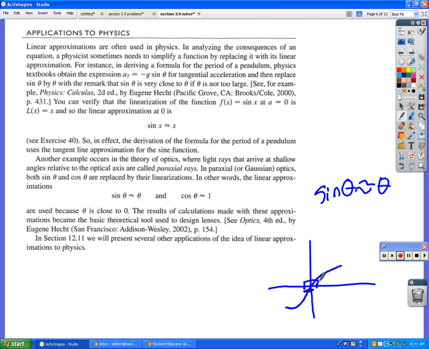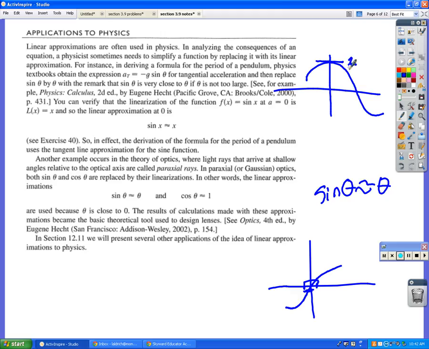Another example occurs in the theory of optics, where light rays that arrive at shallow angles relative to the optical axis are called paraxial rays. In paraxial or Gaussian optics, both sine theta and cosine theta are replaced by their linearizations. So they use this, and then they use cosine theta is approximately equal to 1, because again, if you think about the graph of the cosine function, it looks like this.